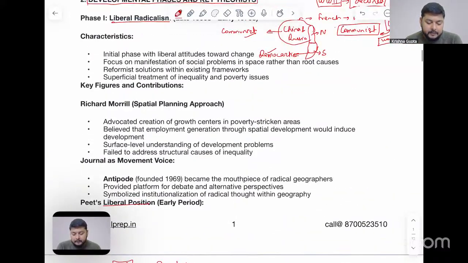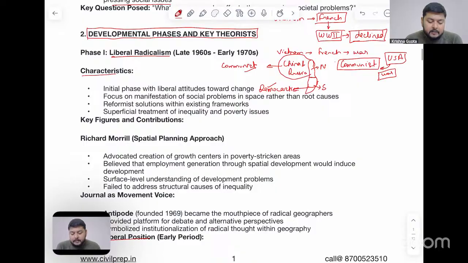So here we see that the characteristic of liberal radicalism was its initial phase with liberal attitudes towards change. Like, yes, there are certain issues, and what a liberal attitude says is, we can use the positivist approach, we can give certain welfare programs, and we can make things correct.